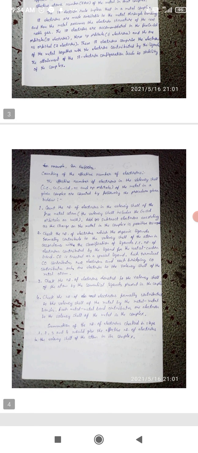So how do we count the number of electrons in a complex, that is, an organometallic compound? The effective number of electrons, EAN, can be calculated by following some procedures. As we know, the 18 electrons come from both the metal as well as the ligands attached to the metal atom. First, count the number of electrons in the valence shell of the free metal atom.